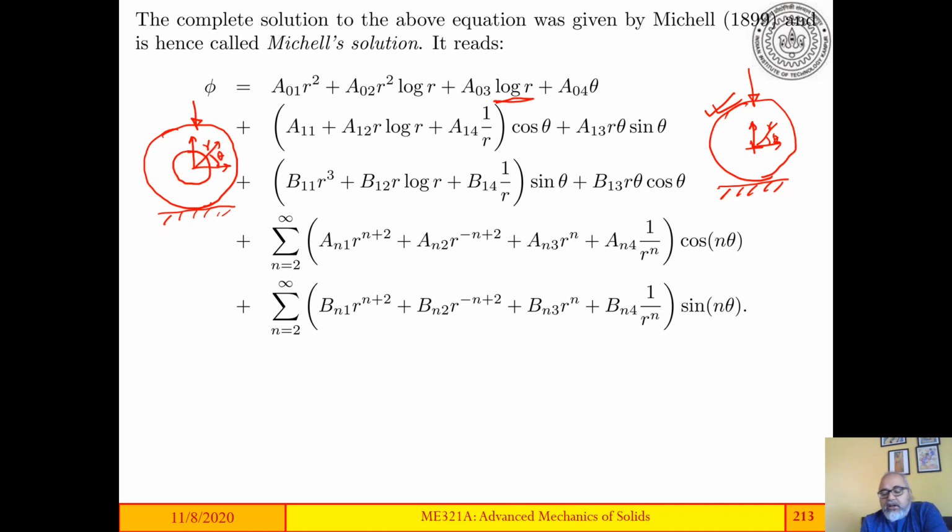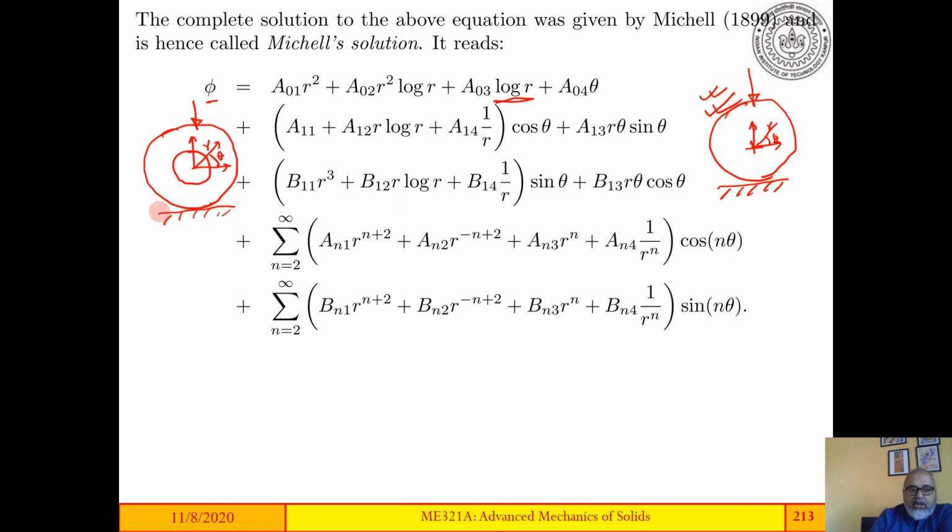In that case, terms that go to infinity can still be part of the solution, but not in this case. So if you have a situation like this, you have to see which terms in phi lead to terms that are infinite at R equal to 0, and those terms in phi have to be weeded out from the solution.